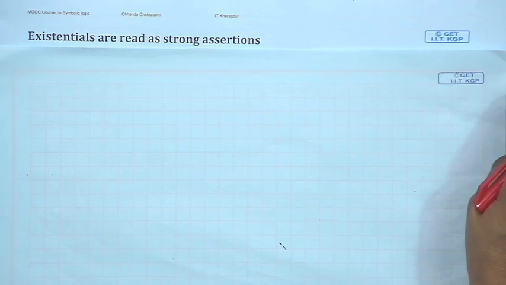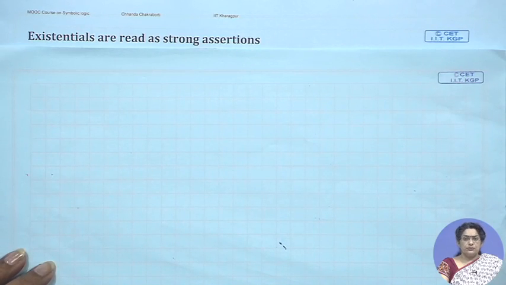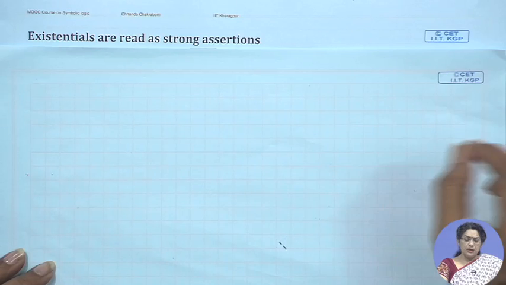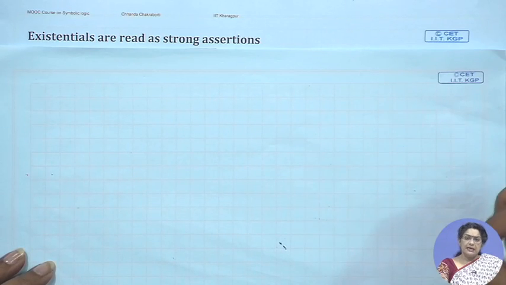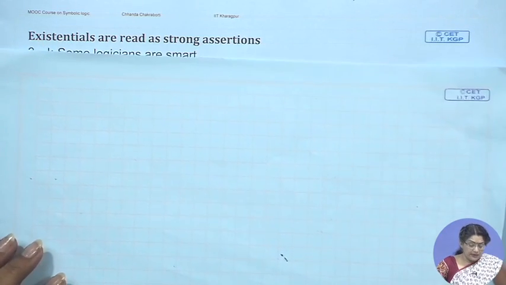So, whenever you are using them, you are claiming that in your domain there exists at least one entity corresponding to whatever you are claiming. Remember that. So, these are strong assertions, stronger than your universals, because with them there is an attached default existence claim. So, let us see how we read them.